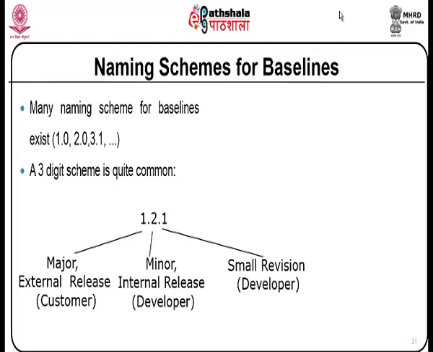When there is a major external release to the customer, you may number it as 1, 2, 3 and so on. When there is a minor internal release by the developer, 1.2, 1.3. When there is a small revision by the developer, 1.2.1 and so on.